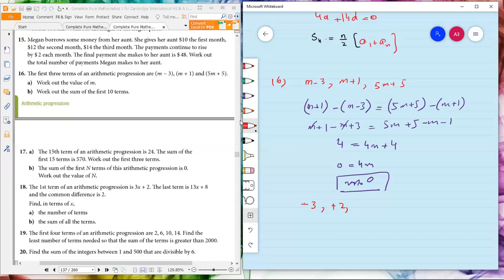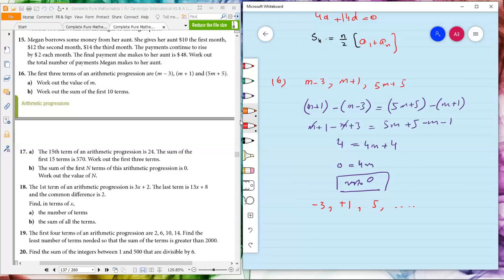I made a mistake here because m is 0. Listen, it is asked m is 0, so the sequence would become minus 3, plus 1, and 5, and so on. Put 0 in all of the above equations.